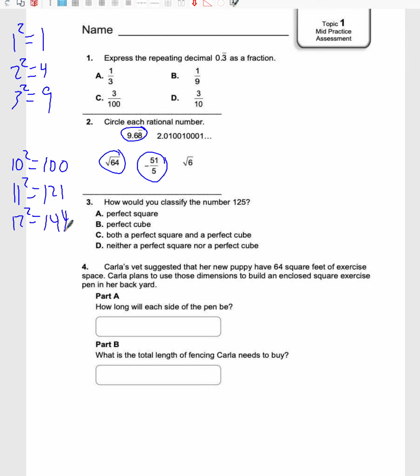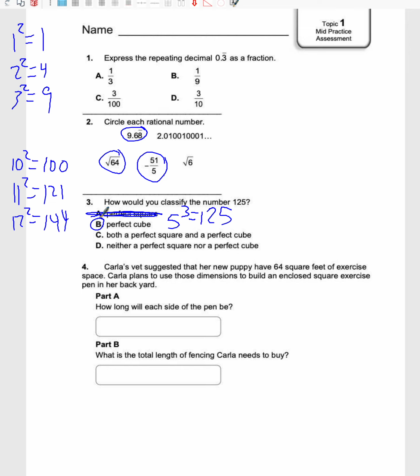So 125 is in between 11 squared and 12 squared. It is not a perfect square. Is it a perfect cube? Yes. 5 times 5 times 5, 5 cubed equals 125, so it is B. So if it's only B there, then it can't be C and it can't be D.